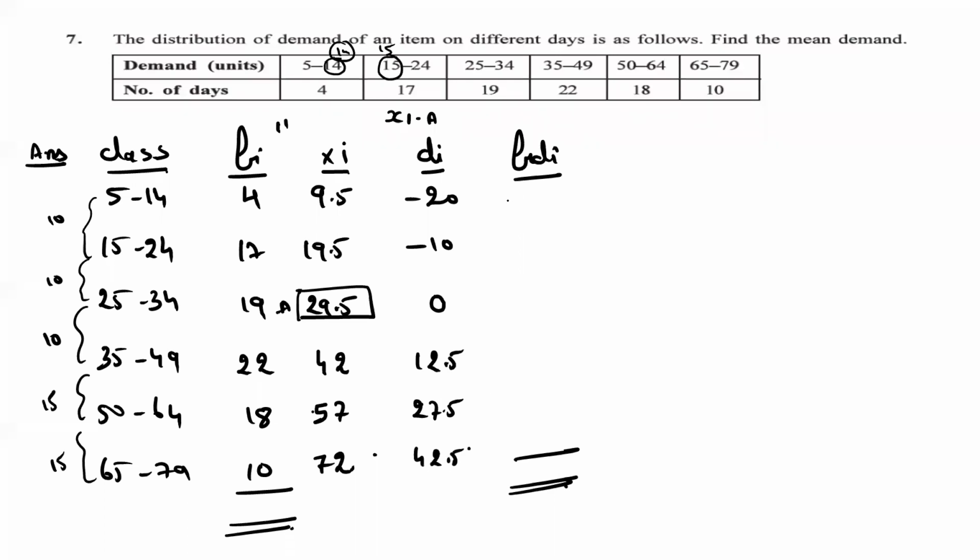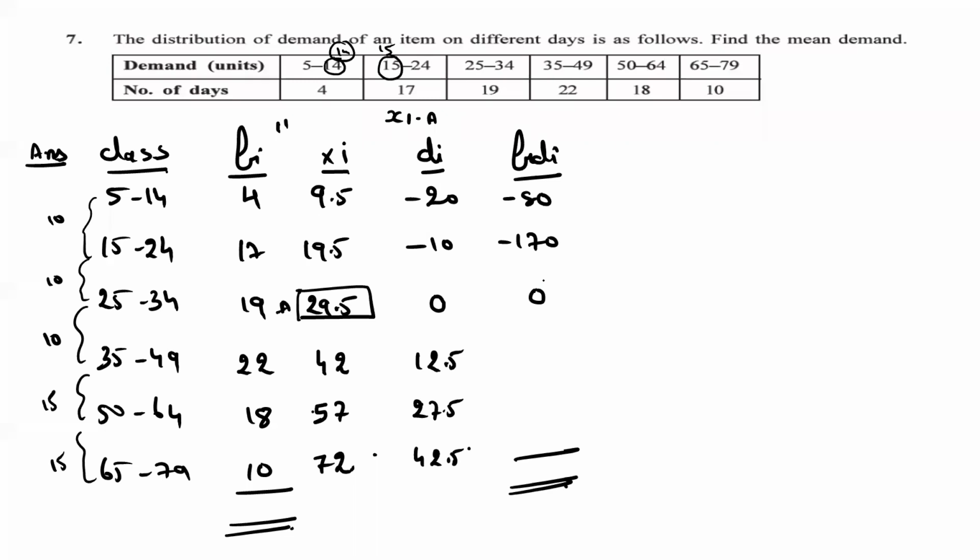Now the column comes FIDI. How to calculate FIDI? Start. 4 into minus 20 means minus 80. 17 into minus 10, minus 170.